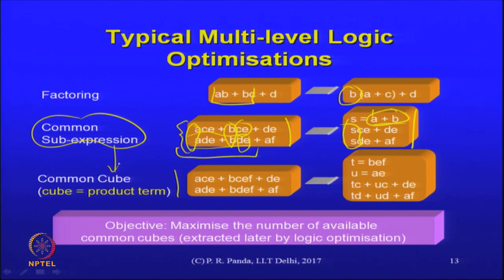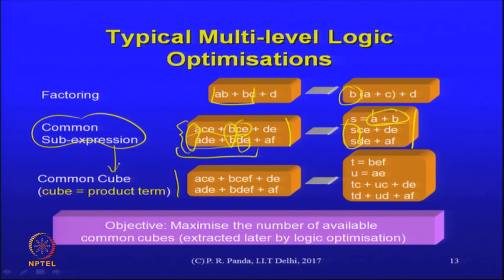Logic optimization and logic synthesis algorithms tend to work with cubes, because it is an easier analysis. We will look at that analysis later, but finding a common cube is an easier evaluation than finding a general common sub expression that might be the sum of 4 different product terms.